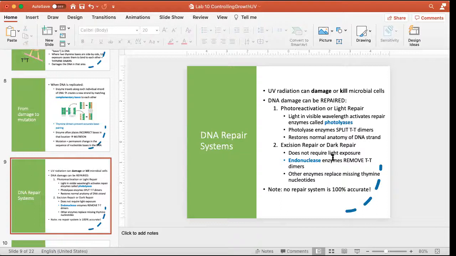So sometimes they miss dimers and fail to break them apart, or sometimes they remove dimers incorrectly and cause additional problems. But for the most part, they're very efficient systems and they do a good job repairing minor damage in the cells.